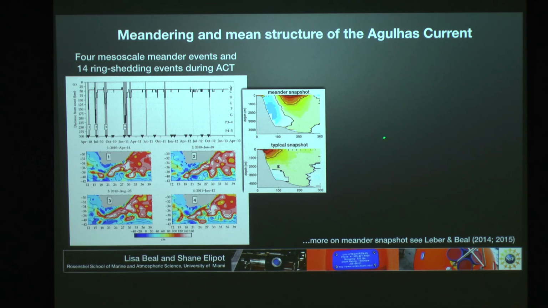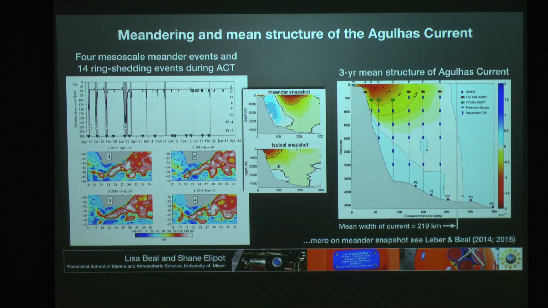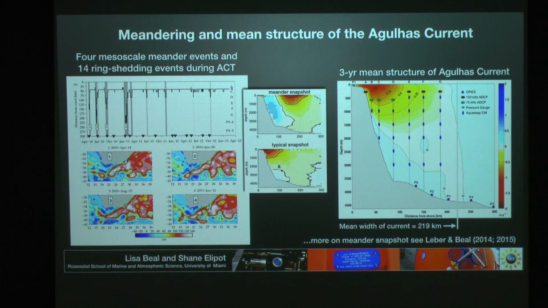And a more typical snapshot is this, where the current core is really hugging very tightly to the continental slope, and the maximum is almost right over the shelf break. And this is the mean that you saw before, the 3-year mean structure, where the width of the current is 220 kilometers in the mean, and the depth is around 3,000 meters.